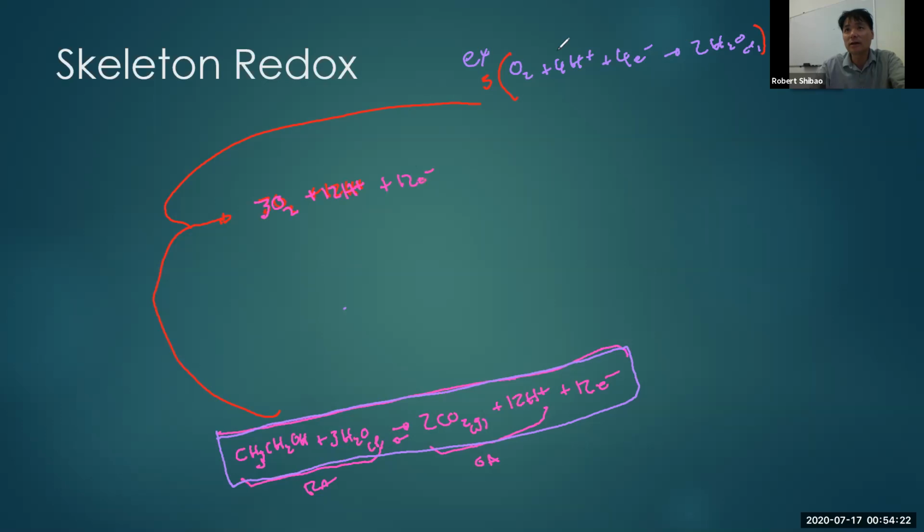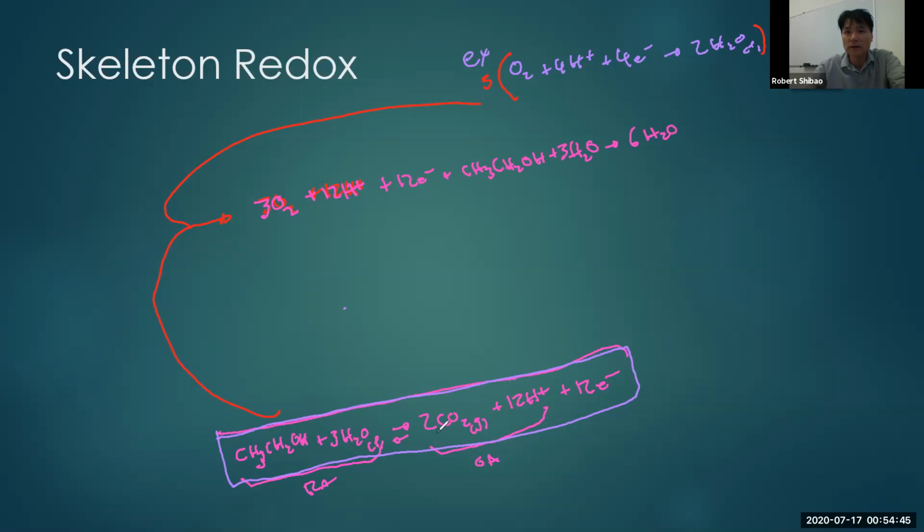Okay, that's everything on the left, plus 1 ethanol, CH3CH2OH, plus 3 waters. Okay, that's everything on the left here. And now let's combine everything on the right. So everything on the right is 3 times 2 is 6 waters.